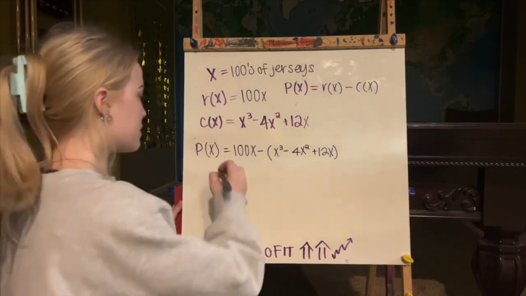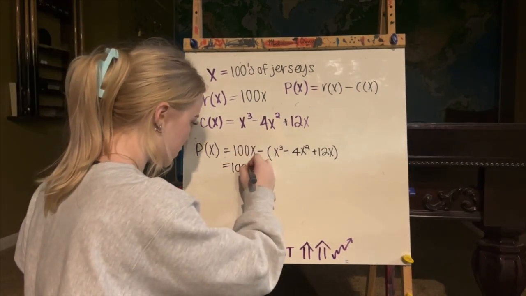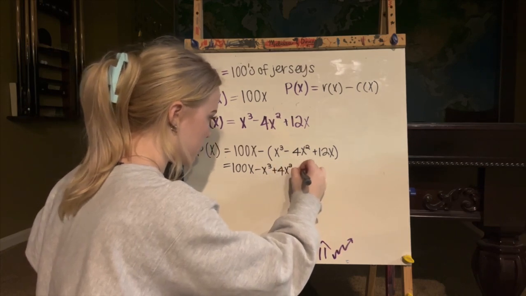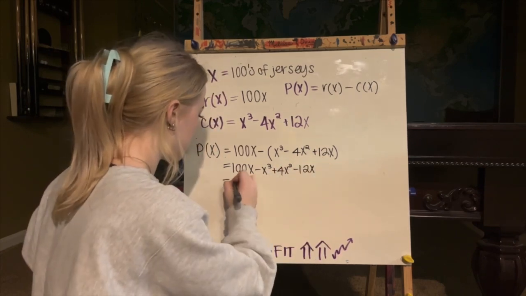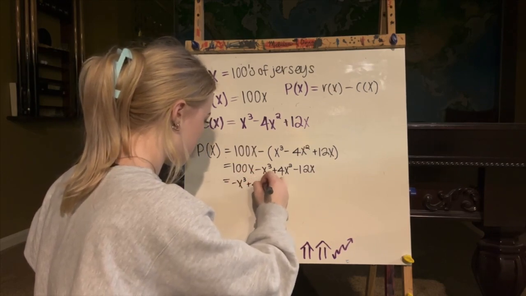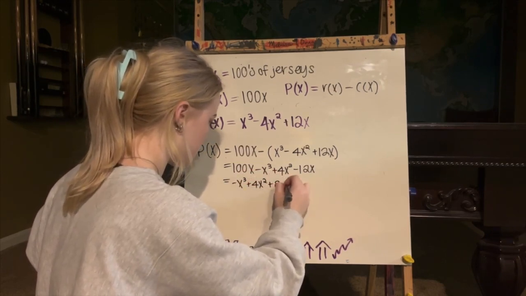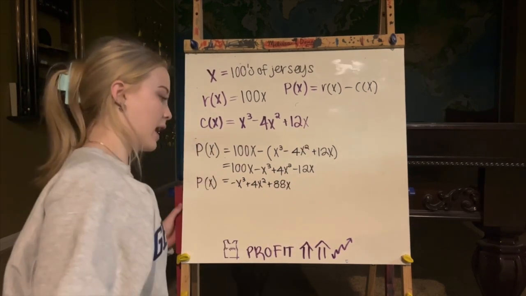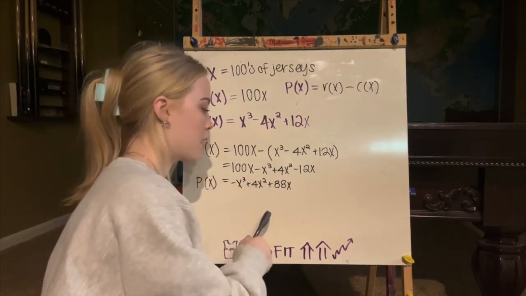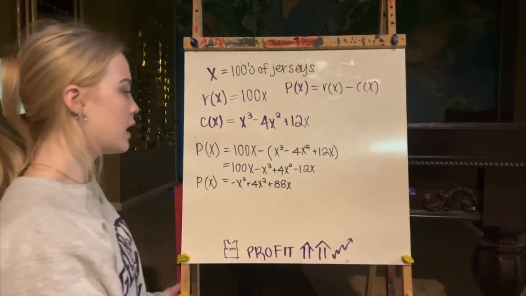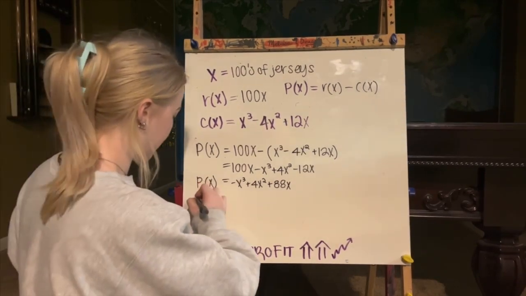There you have it. So if we're simplifying that down a little bit, we are left with negative x to the third plus 4x to the second plus 88x as our profit as a function of x. Next step is to take the derivative of this function.